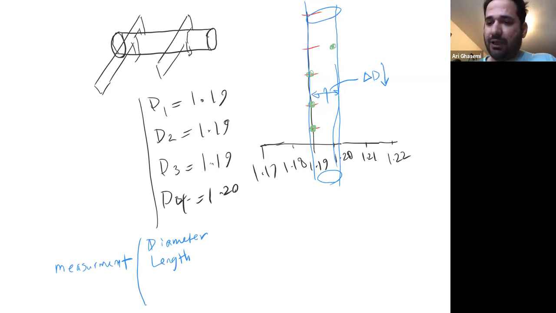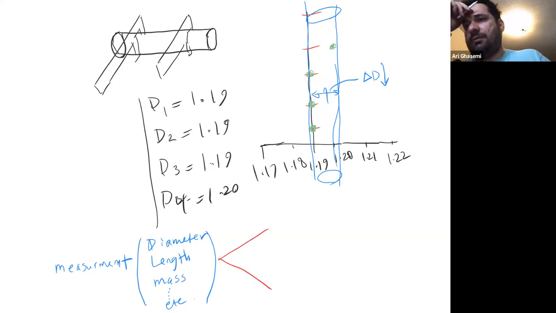But the things that you can use with the caliper are diameter and length, and for mass, you can use a scale. You have a lab, measure several times, find the average, find the error, right? And so on, for all physical quantities. You have to report 2 numbers. So far, before this course, we always thought we only need to report the average.